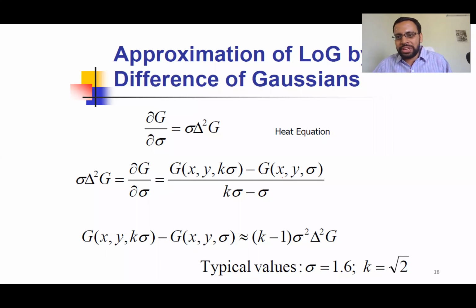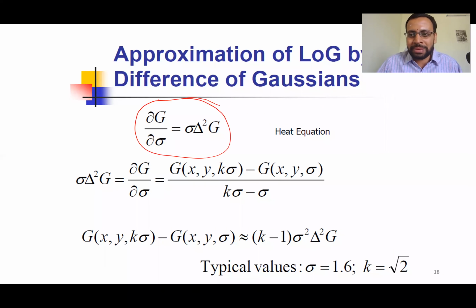But if you want a more comprehensive reasoning on why they are more or less similar, this comes from the heat equation. Hope you still remember something from your thermodynamics or from your +2, and could still recollect this equation: ∂G/∂sigma is equal to sigma times ∇²G. This is the heat equation that you would have studied in thermodynamics.